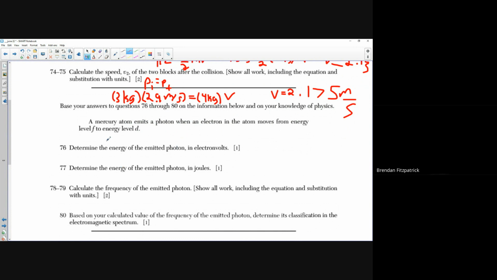So level F is 2.68 minus level D, which is 4.95. I'm getting 2.27 electron volts. Then determine that in joules. So I have to do 2.27 times 1.6 times 10 to the negative 19 to go from electron volts to joules.